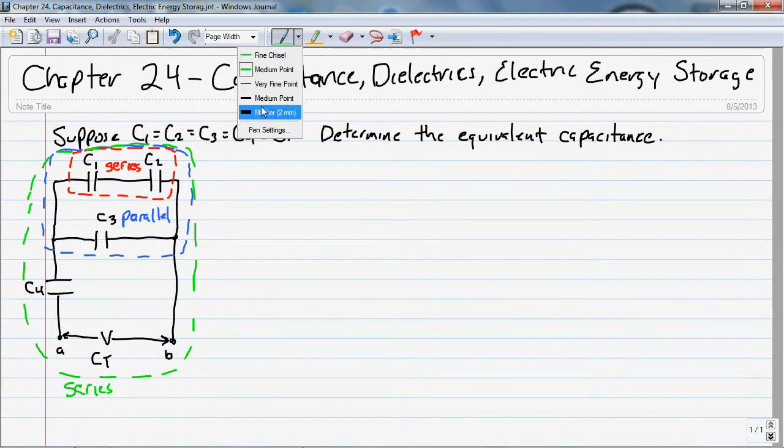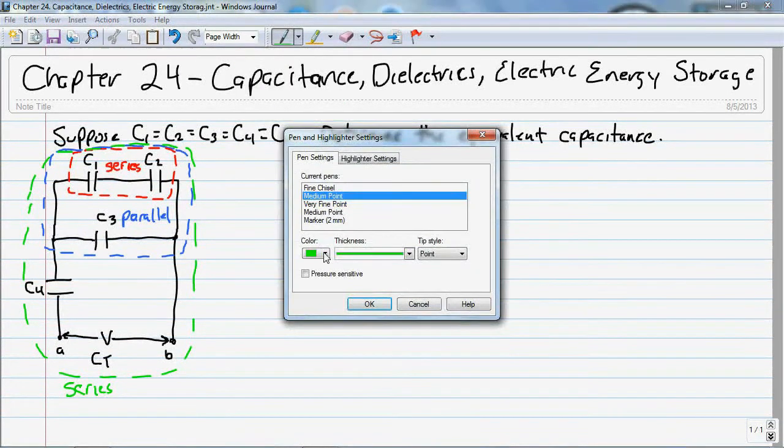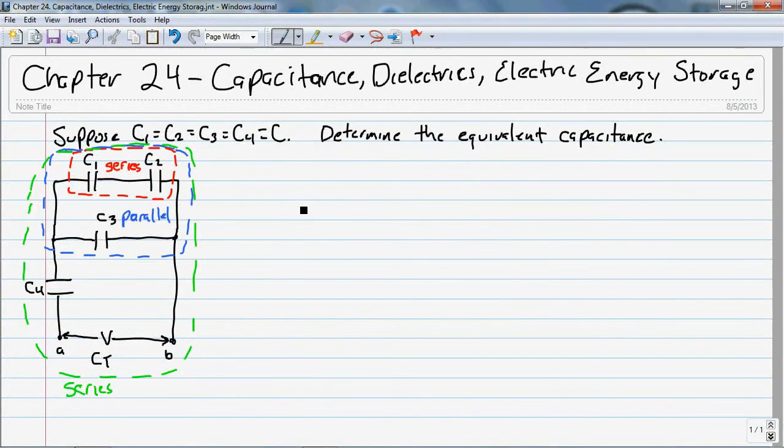So we need to break the problem up into smaller problems to be able to come up with the total capacitance. So let's look at our total for C, we'll call it C12. And that's just going to be the reciprocal of the sum of the reciprocals.